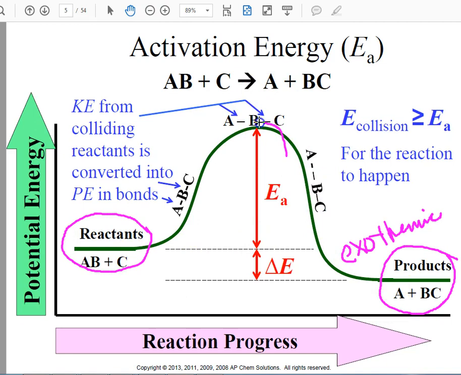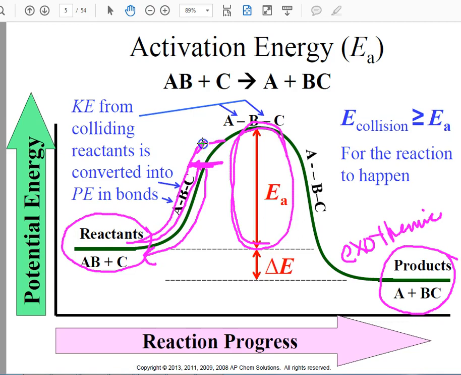But we must have at least this much energy for the reaction to go. So if the two things collide, and let's say they have this much energy when they collide, up they go, but they can't make it over the hill. So they're just going to roll back down and turn back into reactants. They collide again, say they have this much energy. Up they go, they're on their way to becoming products, but nope, they don't have enough energy. So they roll back down.